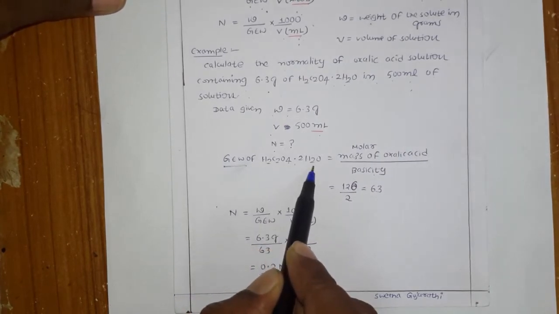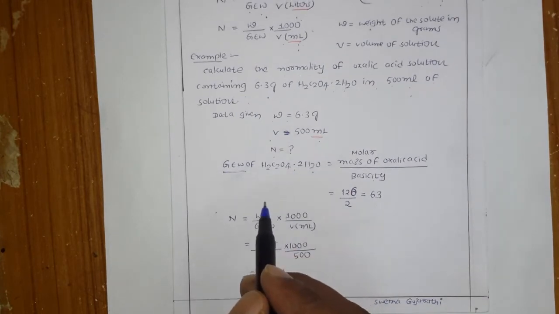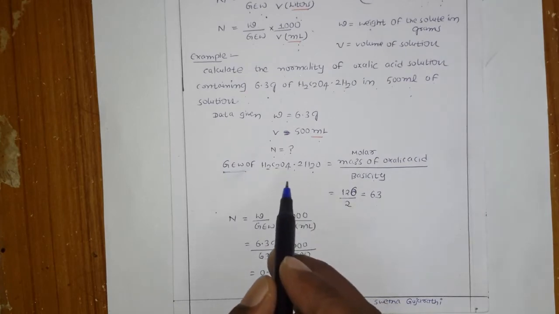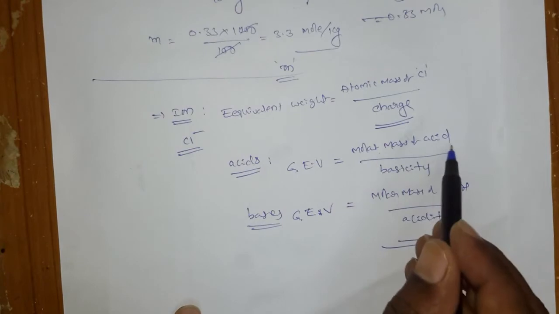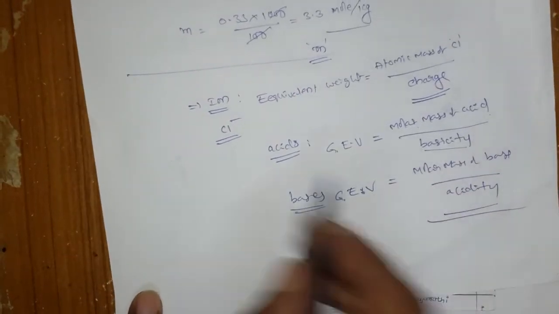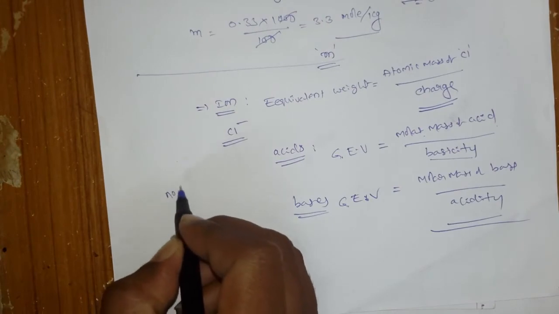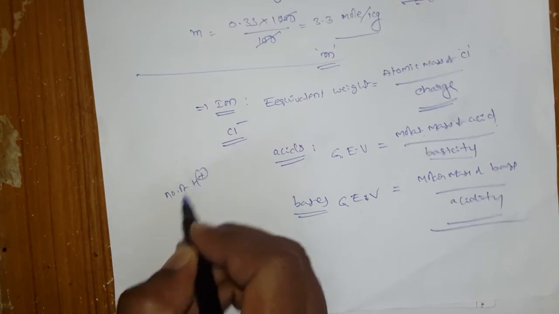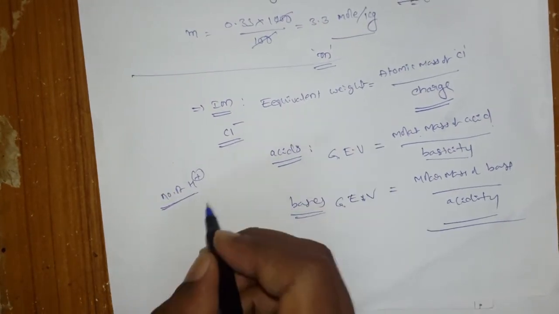For acids, I already told you, the gram equivalent weight is the molar mass of the acid divided by the basicity. What is basicity? Again, the number of replaceable H plus ions.